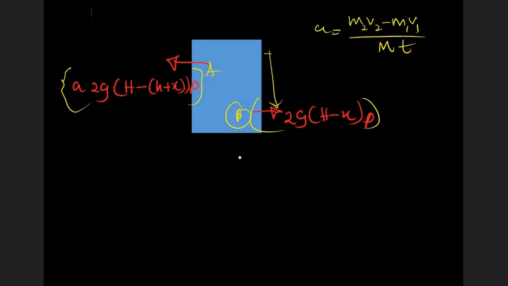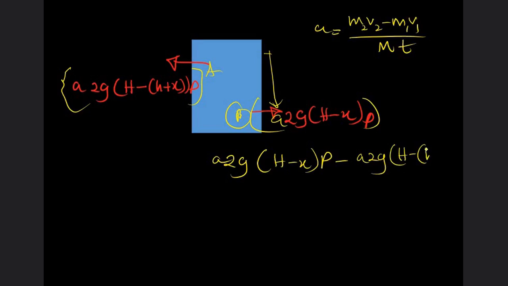So let's write it down: A 2g (H minus x) rho minus A 2g (H minus (h plus x)) rho. Let's simplify it now.